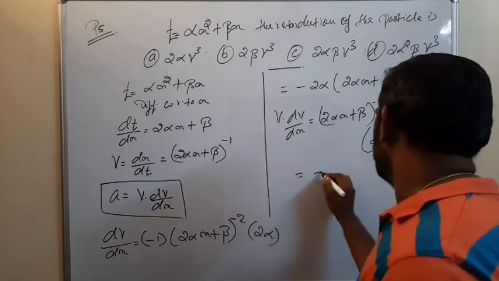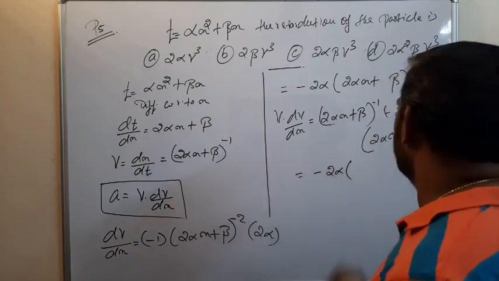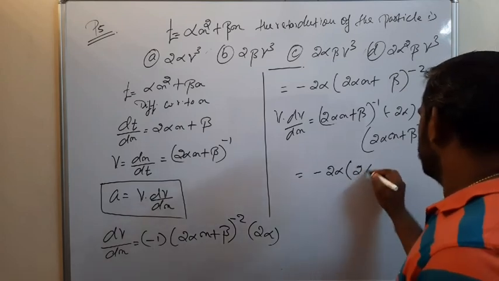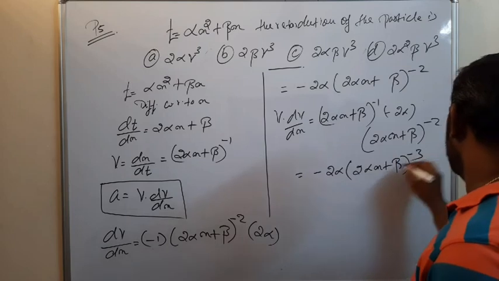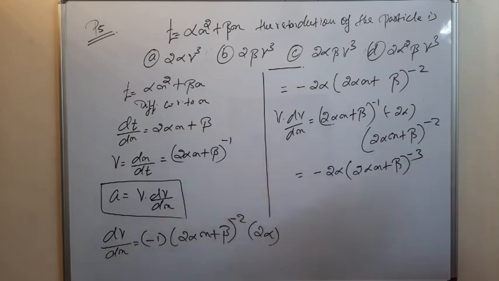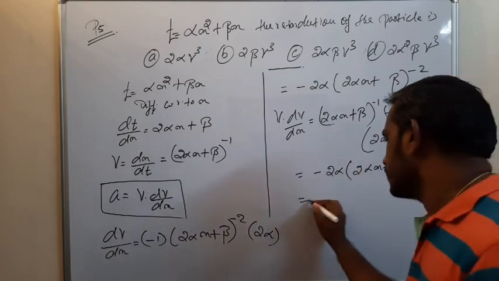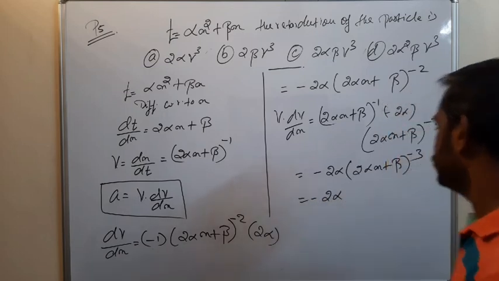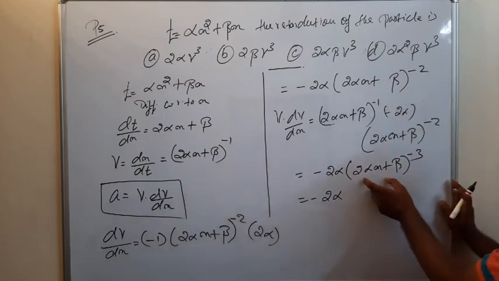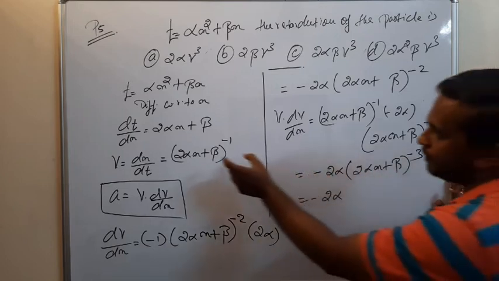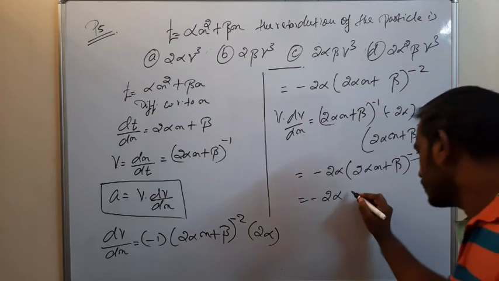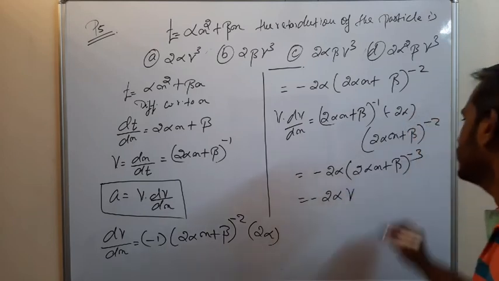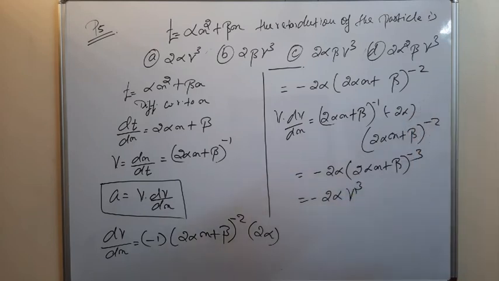So that's equal to minus 2 alpha into (2 alpha x plus beta) the whole power minus 3. Minus 2 alpha into, (2 alpha x plus beta) the whole power minus 1 is v, so v cube.